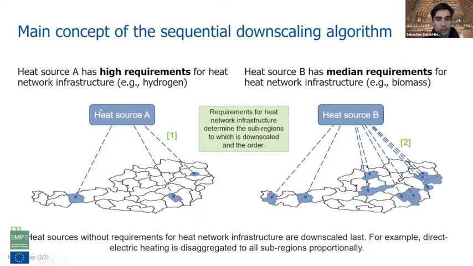And so, for example, heat source A here on the left-hand side is a technology that has high network infrastructure requirements, and this heat source is only downscaled to subregions that can provide the network infrastructure, which is indicated, as I said, by the population density. Heat source B has lower network infrastructure requirements, which means in the end that it's downscaled to a higher number of subregions, which is indicated by the blue marked areas on the right-hand side.